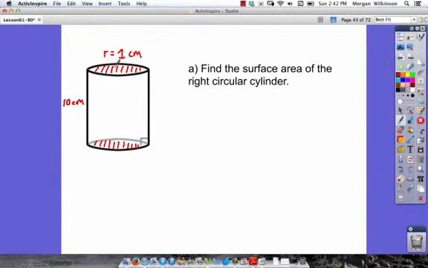Let's find the area of the top and the bottom. So let's call it the top. The area of the top is going to be equal to pi times the radius squared. And we know that's going to be 3.14 times 1 squared. 1 squared is 1, so we're going to get 3.14 times 1, which is equal to 3.14.